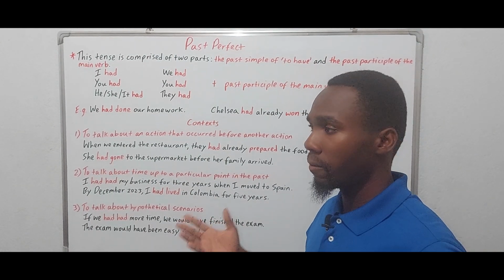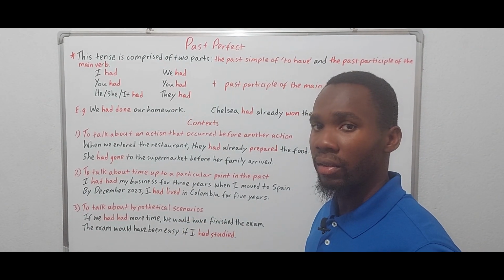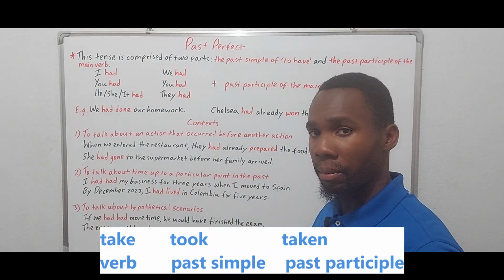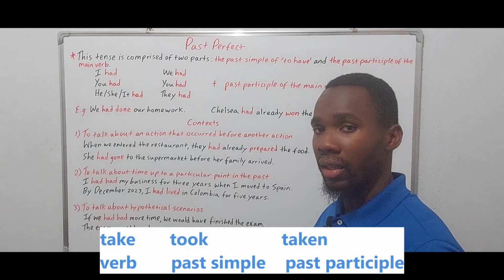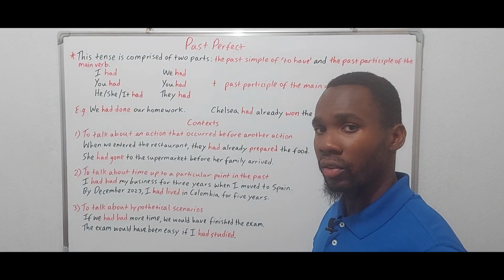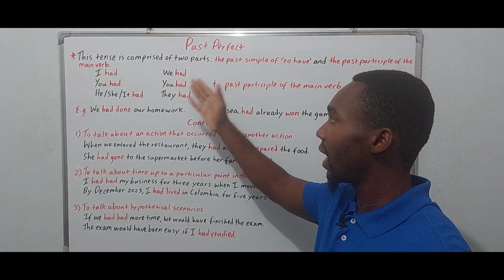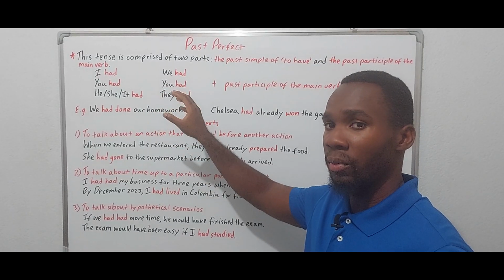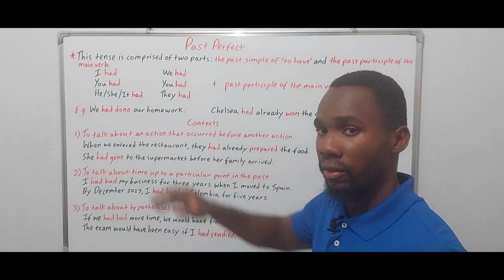But we have irregular verbs like take, which would be took in the past simple, taken in the past participle, right? And of course, the past simple of to have is had, and that will be the same form used for each person, right?